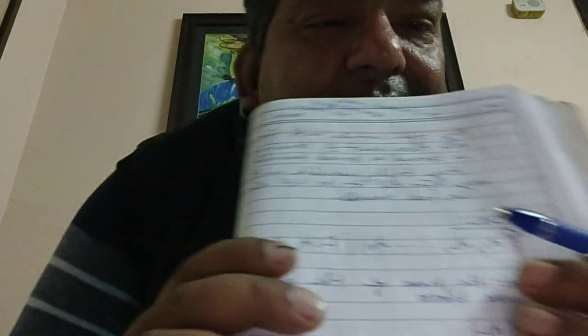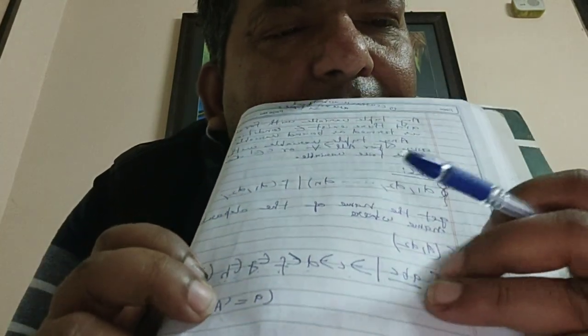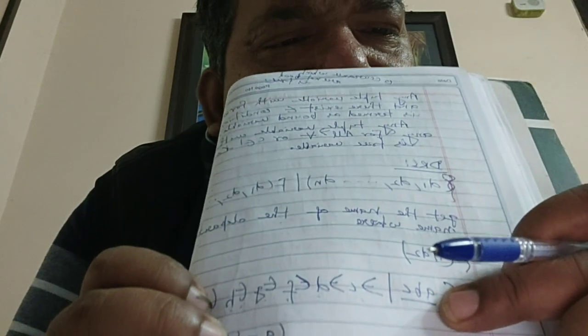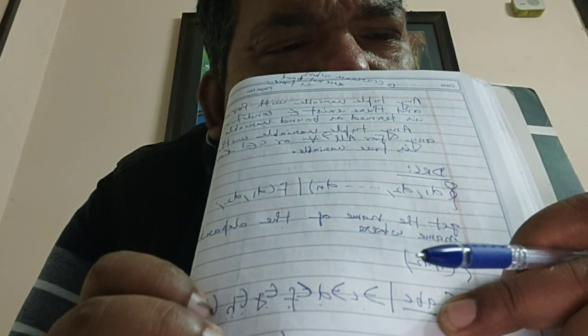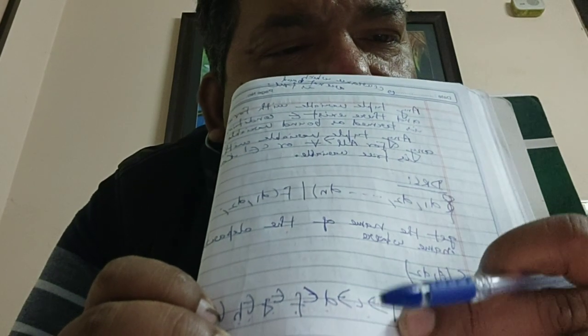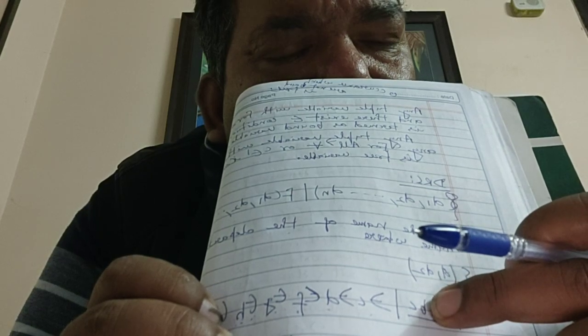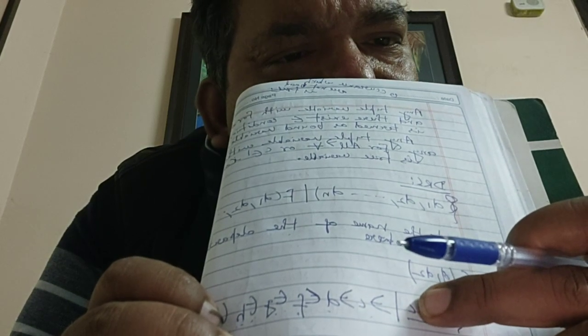So what are the domain variables? A will correspond to the first column, B will correspond to the second column, C will correspond to the third column. So how to write the query? I will write curly brace A, B, C, select employee number, employee name and salary. A corresponds to employee number, B corresponds to employee name and C corresponds to salary.